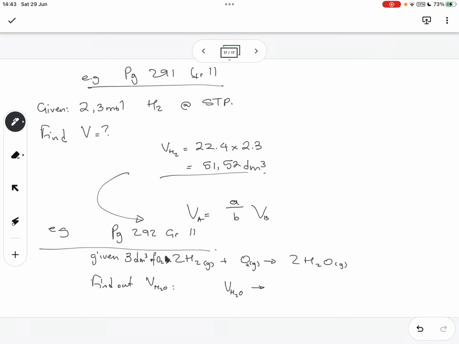So we will say the volume of H2O then becomes the stoichiometric coefficient of that H2O is 2, and the stoichiometric coefficient of oxygen is 1, and the volume of oxygen that's given is 3 dm cubed. So that means 6 liters of water would be produced. So that's the long and short of it.